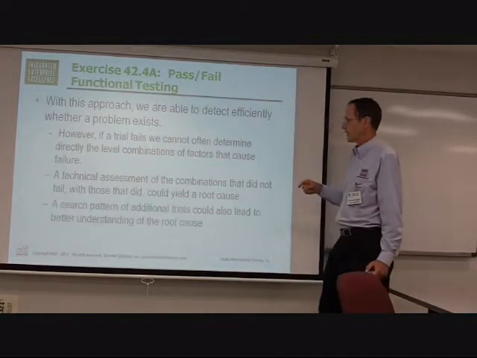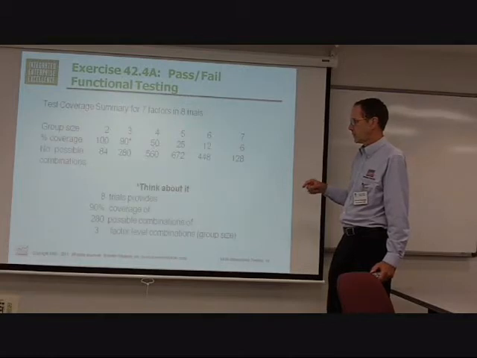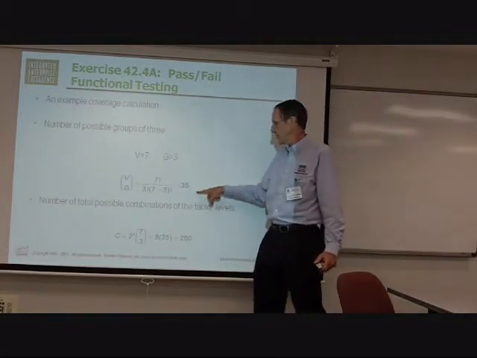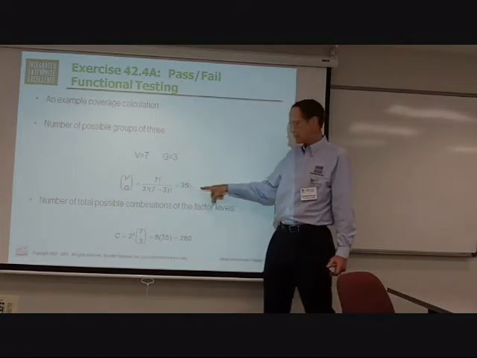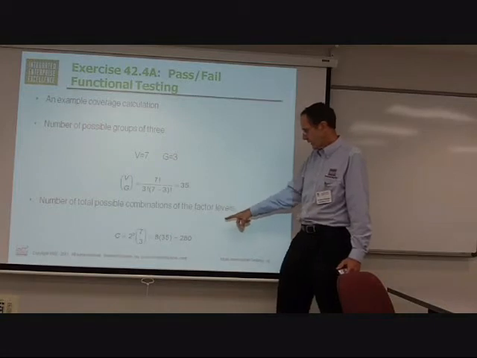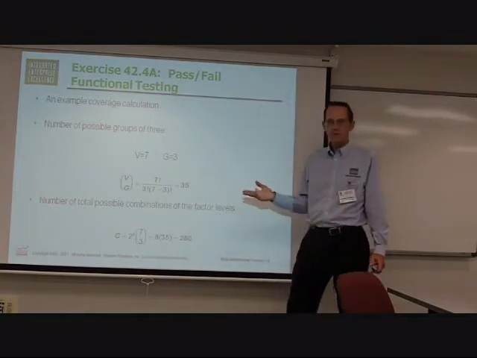So if I go through the math on that, this is what happens. I got 7 factors in 3 trials, so there's 35 combinations of that. And then if I run it this way, there's 280 possible combinations.